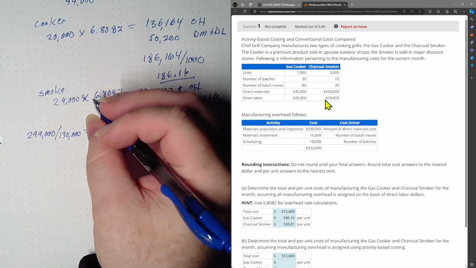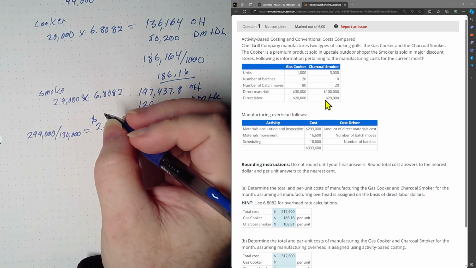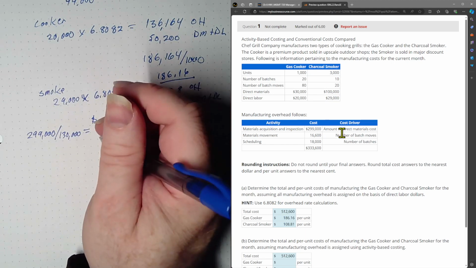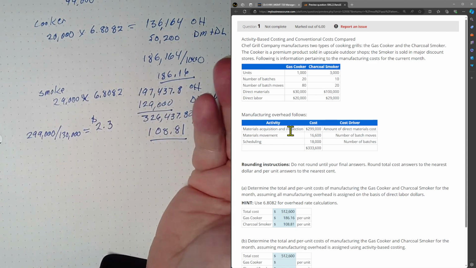I didn't think it would come out to a round number, but it does: $2.30. So basically we're saying for every dollar of direct materials, there's an extra $2.30 that goes into acquisition and inspection.